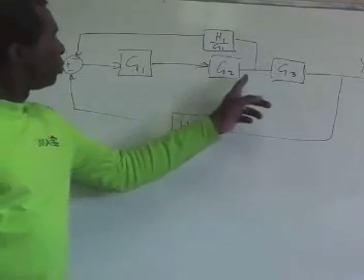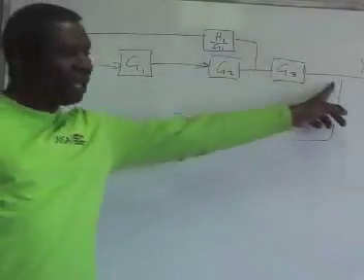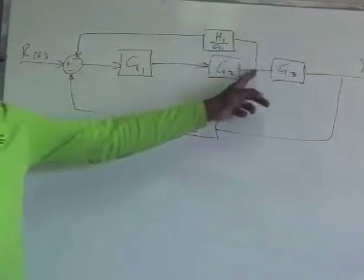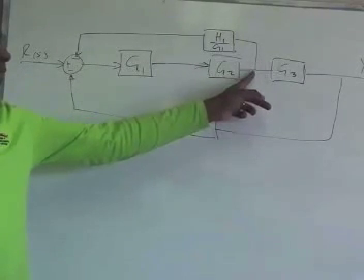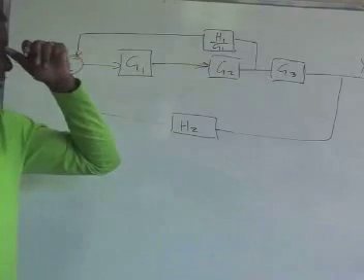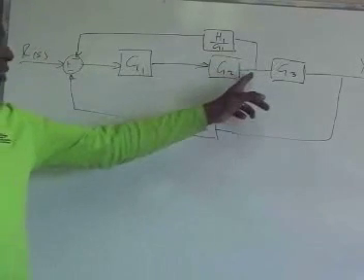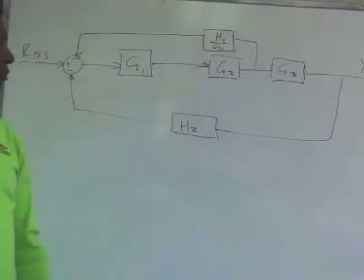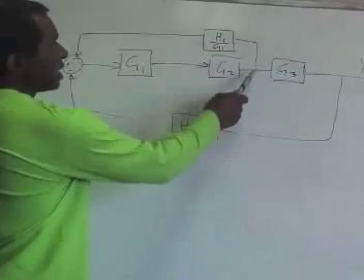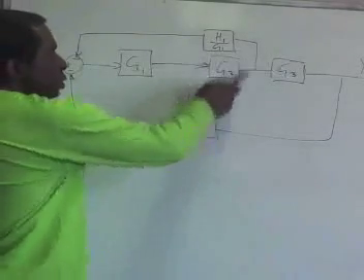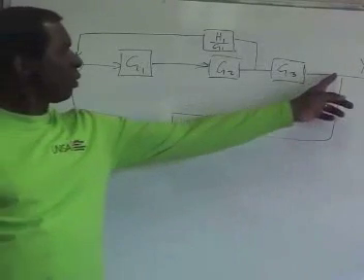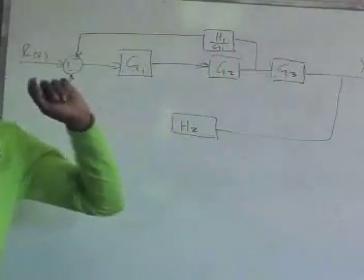Now, I want now to bring this point there. What am I doing? This thing here is picking a signal without G2. If I pick it from here, I'm now picking a signal with G2.